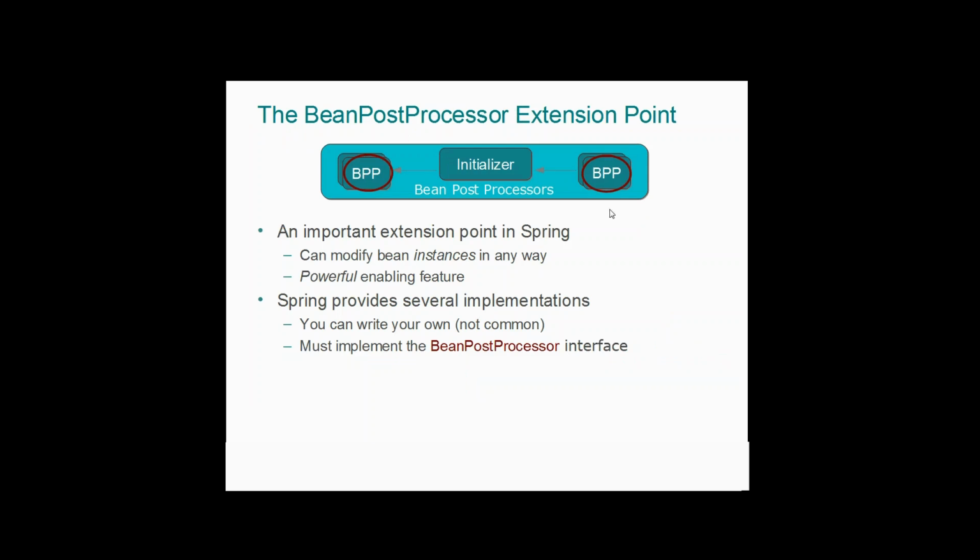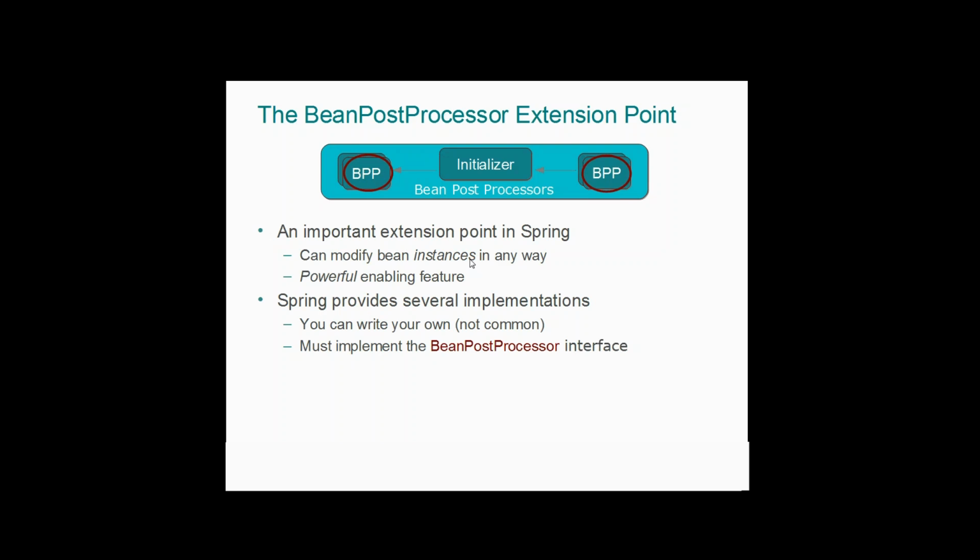And there is a bean post processor for before initialization and after initialization. This is one of the special extension points in Spring. Okay, this bean post processor before initialization can modify the bean instance itself. Can you imagine modifying the object itself?